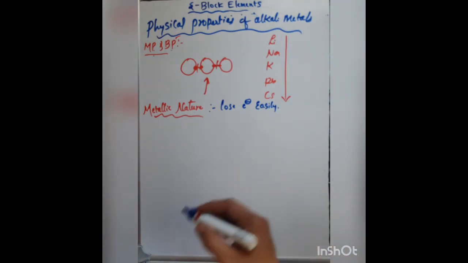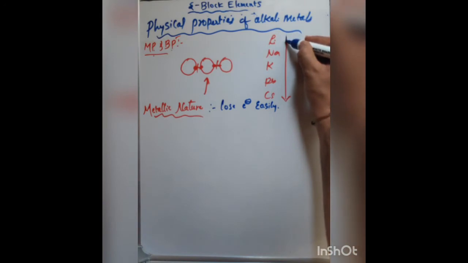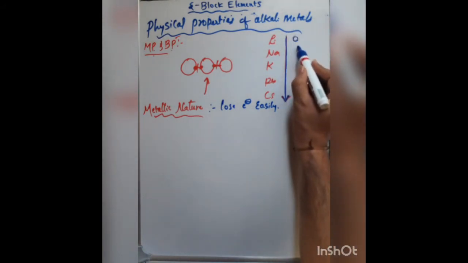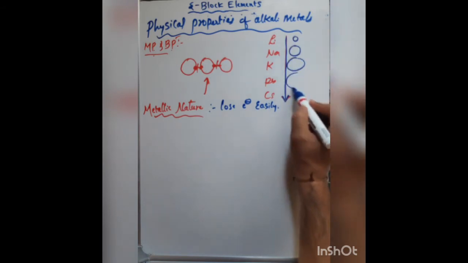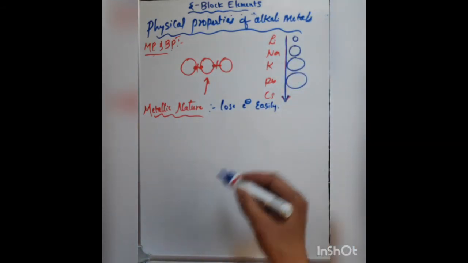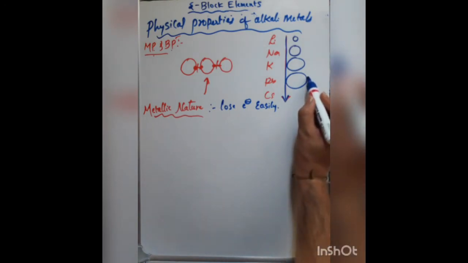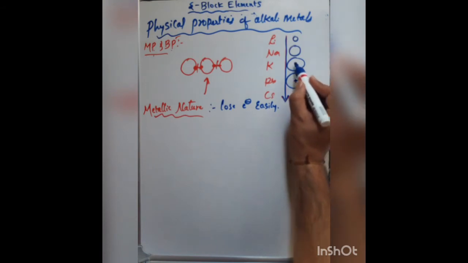As we go down the group, the atomic size is increasing. Because of the increase in atomic size, the distance between the outer electron and the nucleus will be increasing.